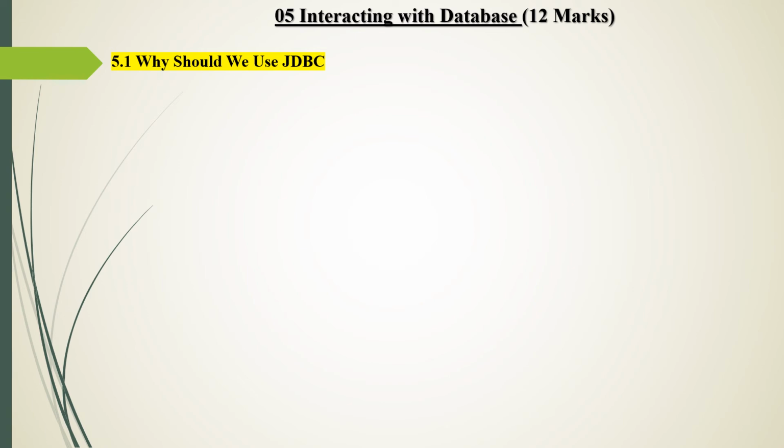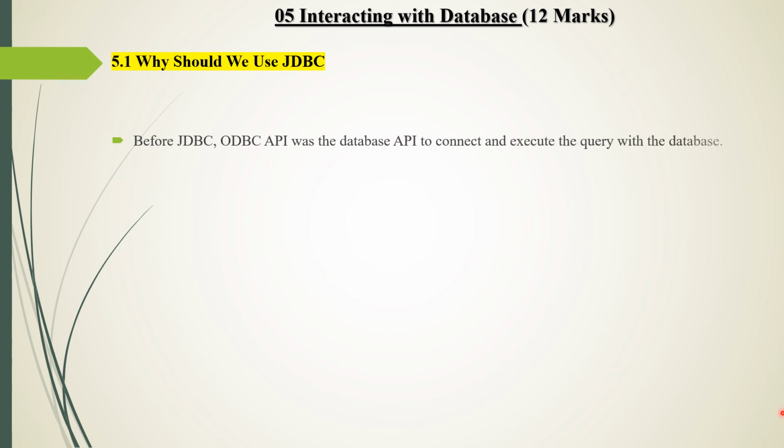So lastly, why should we use JDBC? Okay, so first, before JDBC, ODBC API was the database API. As already told, before JDBC, ODBC was in action, and ODBC, that means Open Database Connectivity, is used to execute the query with the database.